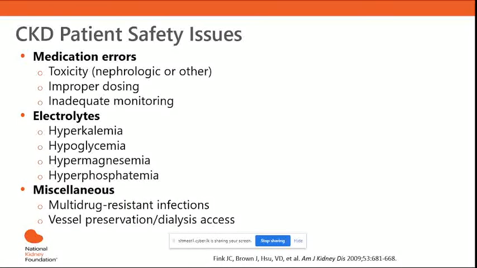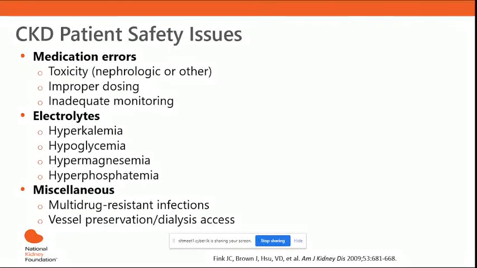CKD patients have many safety issues. They can have medication errors, because for so many drugs, particularly antibiotics, we have to adjust the doses for the level of GFR. If you don't know the GFR, you may end up giving a higher dose.